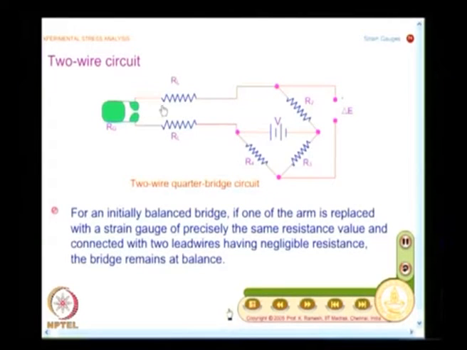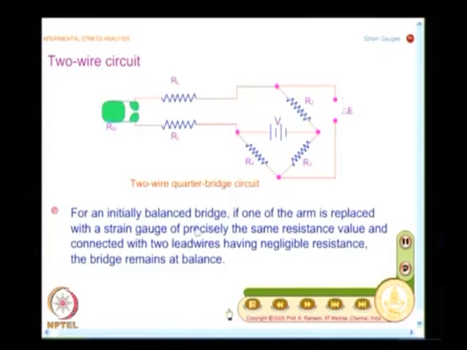What is the influence of the lead wire? See, the lead wire is not a superconducting material, it has some resistance. If the resistance is low, what you find?